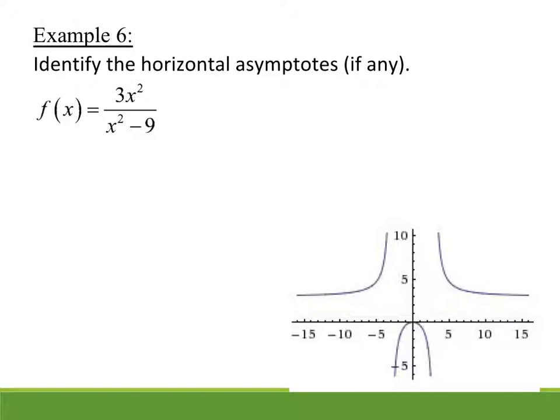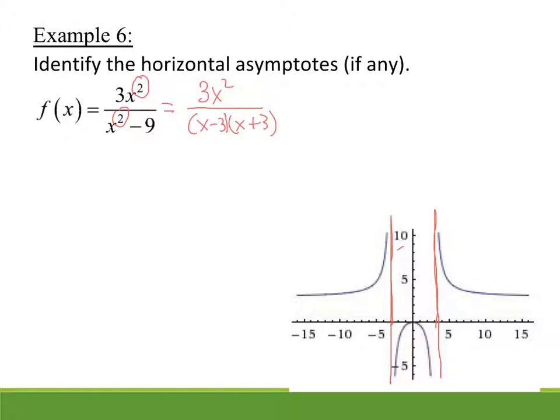So in example 6, we want to identify the horizontal asymptotes, if any. Again, we know we can factor the denominator of 3x squared, x minus 3, x plus 3, and we notice that in fact at 3 we have an asymptote there, and we should put them in as dotted lines, and there's the other one. Now we notice that the degree of the numerator and the denominator are the same.